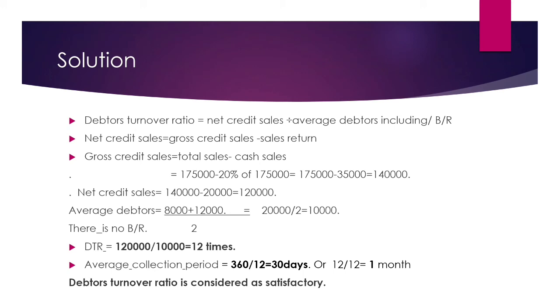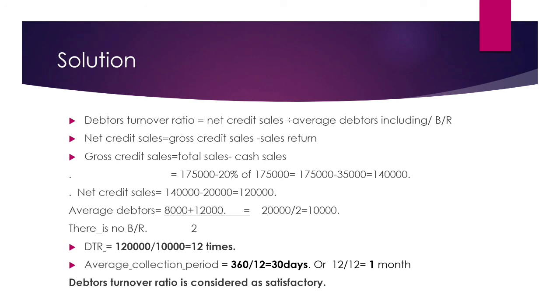Average collection period in days or in months: in days, that is 360 divided by 12. 12 is the debtors turnover ratio, equal to 30 days. Next, in months, that is 12 months in a year, divided by 12 times. Debtors turnover ratio is 12 times, that is equal to 1 month.